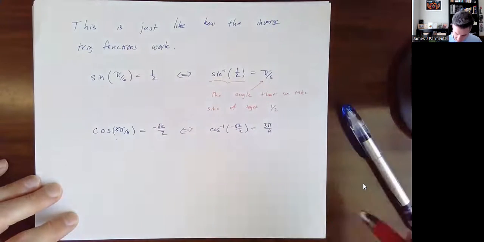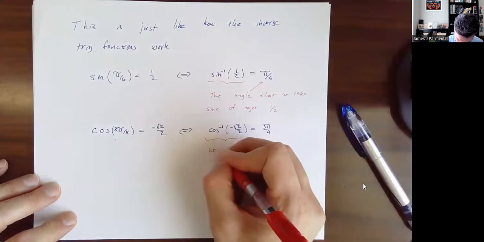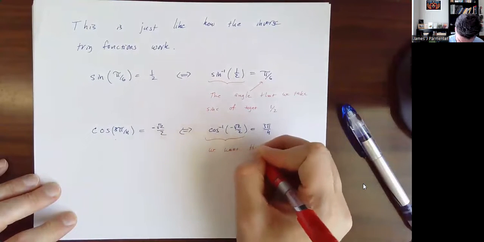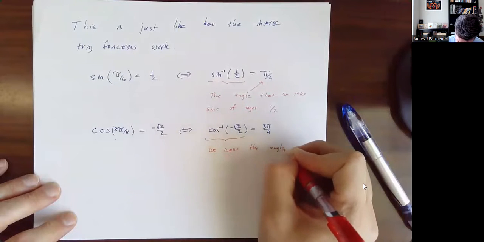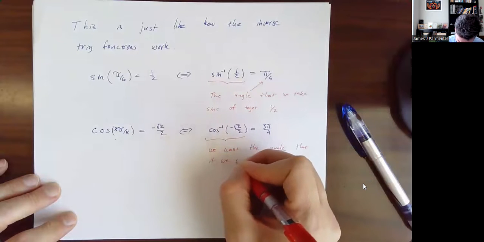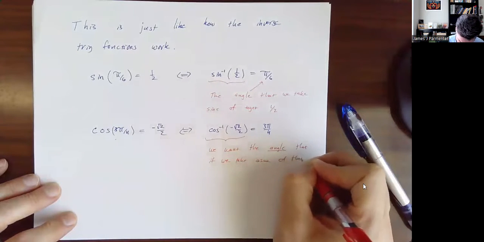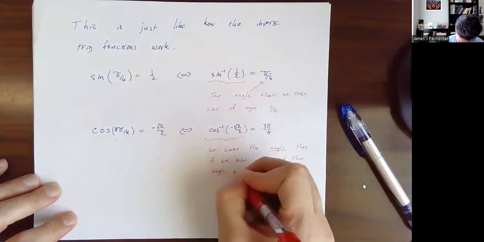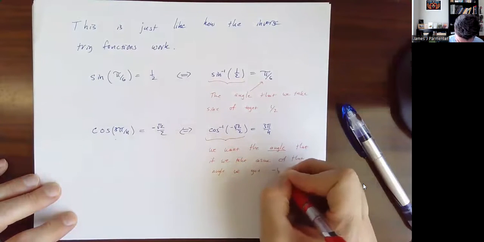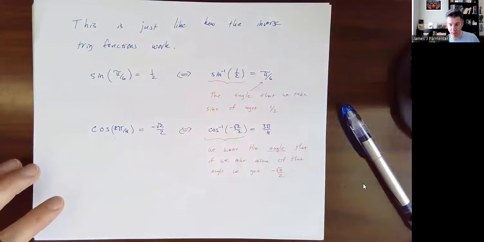And again, when we're finding the inverse cosine of -√2/2, we're saying we want the angle that if we take cosine of that angle, we get -√2/2. Well, of course, that angle is 3 pi over 4, because cosine of 3 pi over 4 is -√2/2.